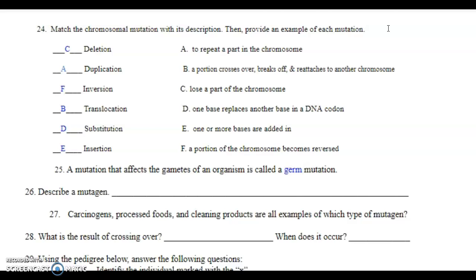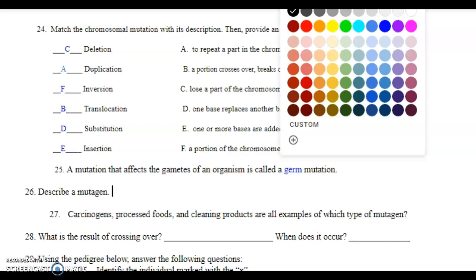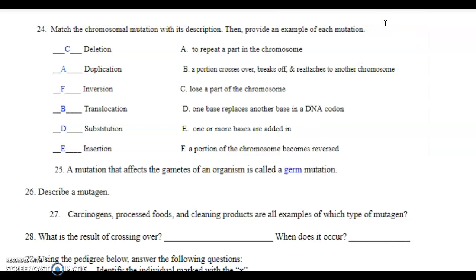Describe a mutagen. A mutagen is a substance in the environment that can cause a change in the DNA sequence. It causes a mutation or a change in the DNA sequence. So it is something in the environment that can cause a change in a DNA sequence.